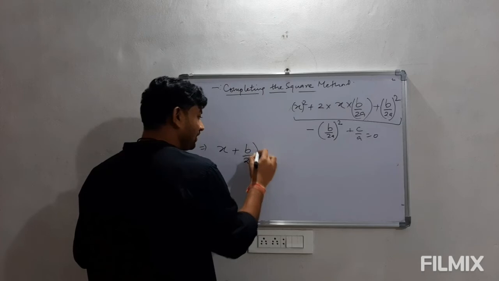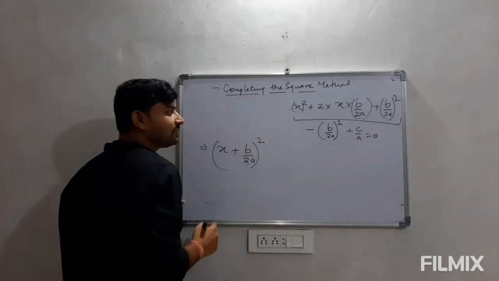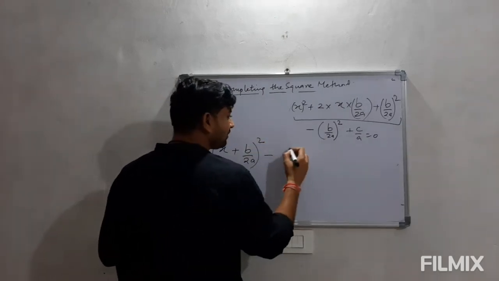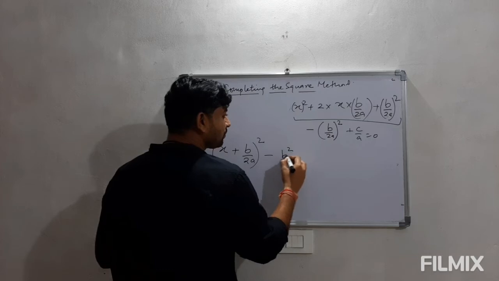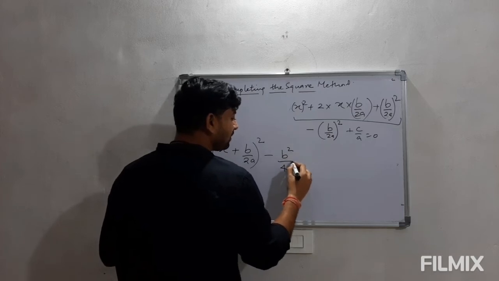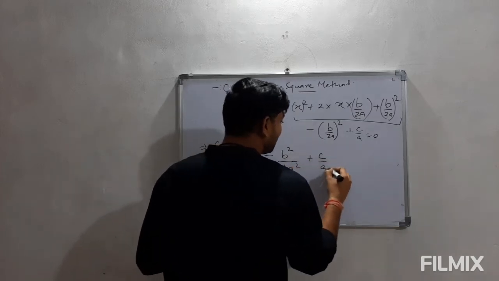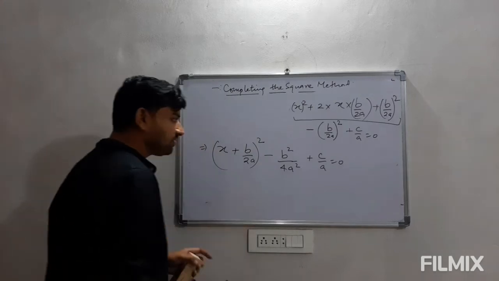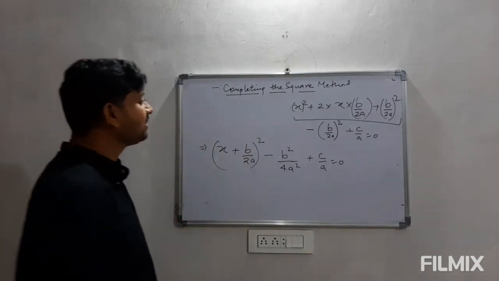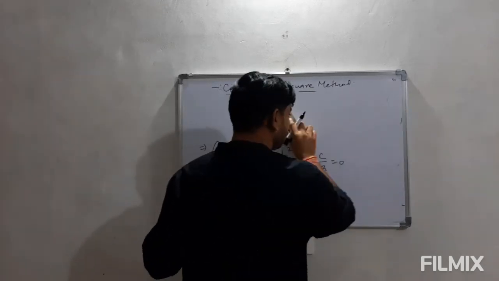So we are getting first term plus second term whole square from here. Then we have minus b square upon 4a square plus c upon a is equal to 0. This is the expression we are getting in this process.